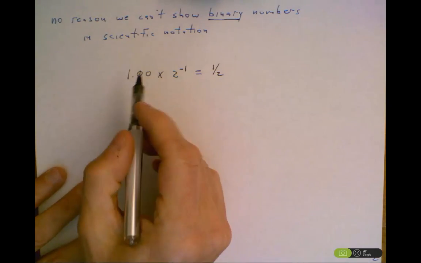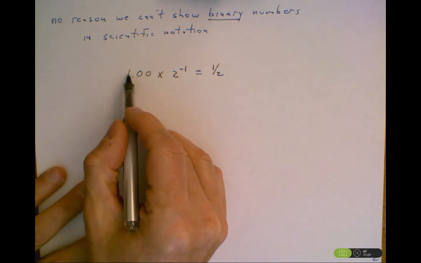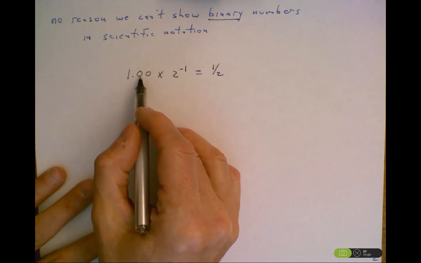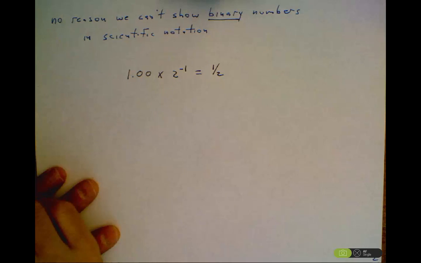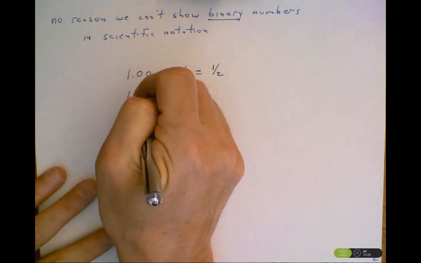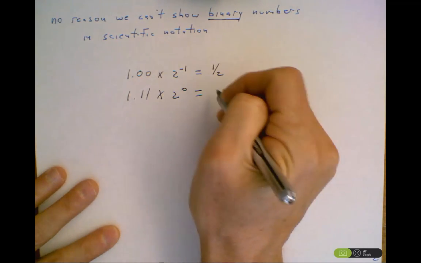Okay, because positionally again now, just like we saw with integers where we had 2 to the 0, 2 to the first, 2 to the second, now we have 2 to the minus 1, 2 to the minus 2. Okay, so we have negative exponents on the base going in that direction. Okay, what's another value? 1.11 times 2 to the 0 is what?